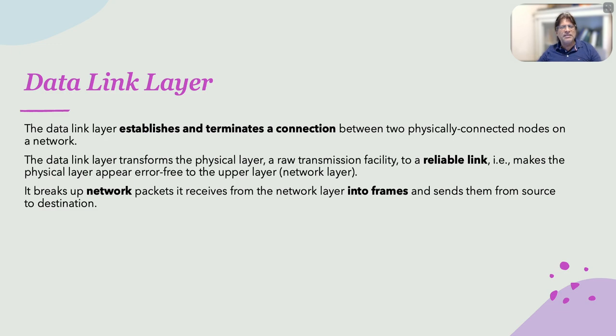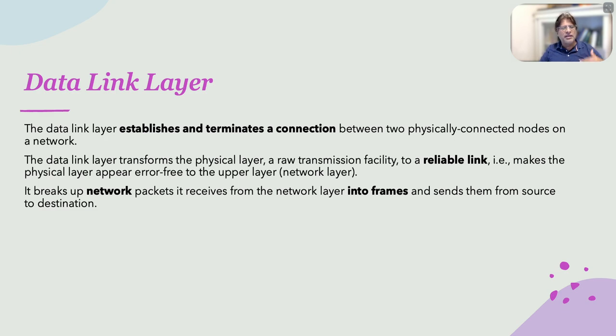And what the data link layer does is encapsulate those network packets into frames. So the terminology here is important to understand, and you'll see this terminology across different books, whether you're doing a Cisco course or other courses in networking. So it's important to understand the slight differences in the way that information is portrayed to you.